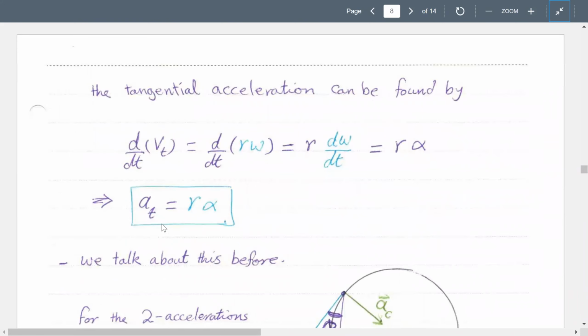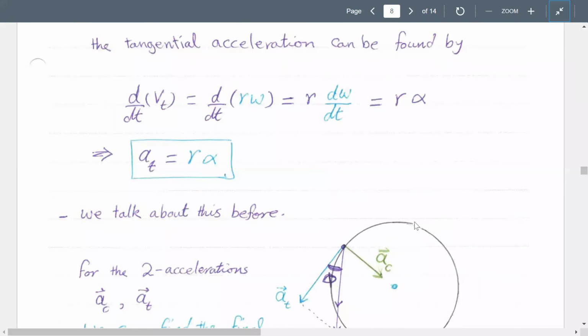By the same thing, if we have tangential acceleration, because we have a change in the speed with respect to time, then we have a tangential acceleration. This tangential acceleration is also equal to the radius multiplied by the angular acceleration.